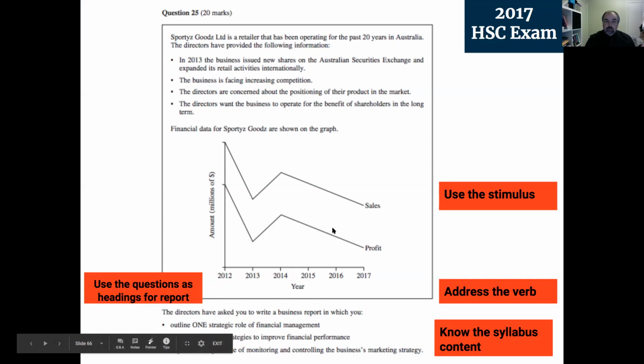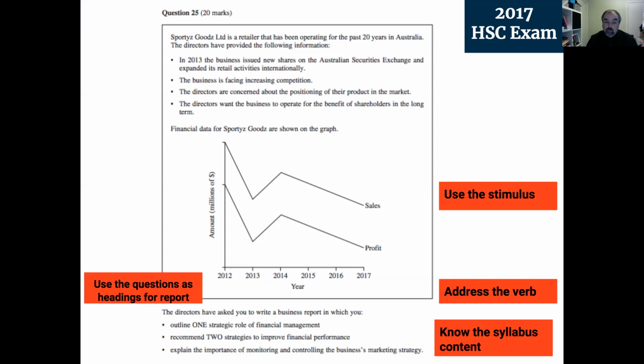So when we look at this particular question, this is a financial topic question. We're looking for another topic. So recommend 2 strategies to improve financial performance. So that would be another financial part. And then the last part is on marketing, about the importance of monitoring and controlling the business's marketing strategy.